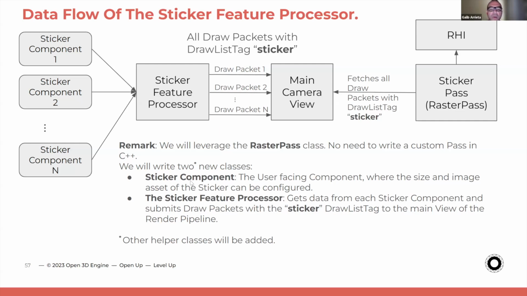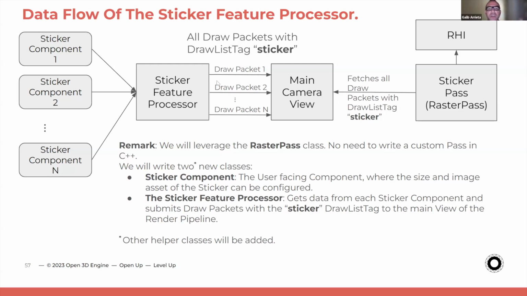The sticker component is the user-facing component, and the sticker feature processor is what takes the data from the components and gives it to the renderer through this normal flow. This is the standard flow. For example, the mesh component basically works this way. There is a mesh component on the left, which goes to the mesh feature processor.